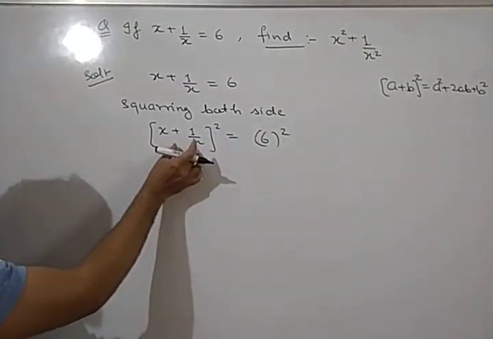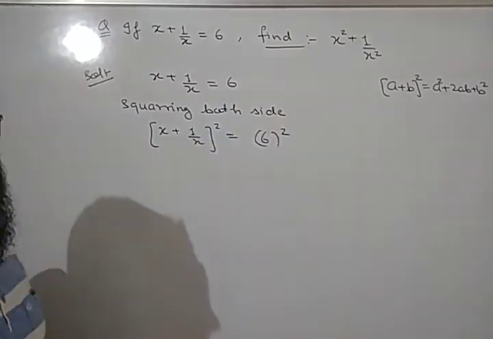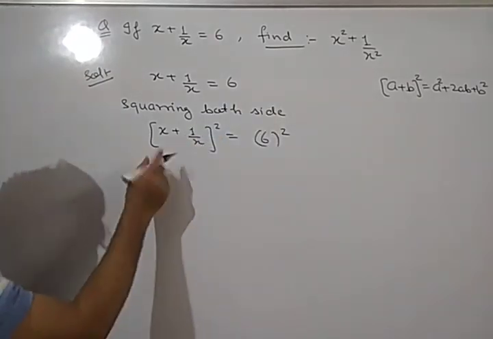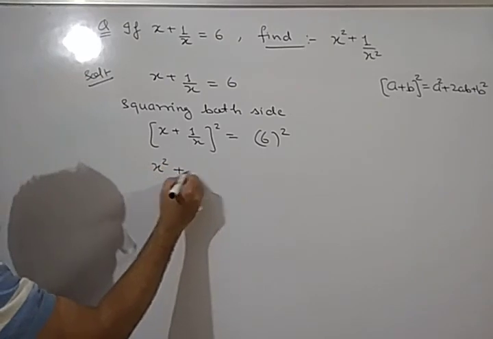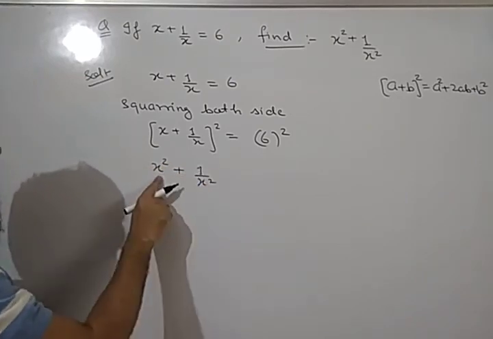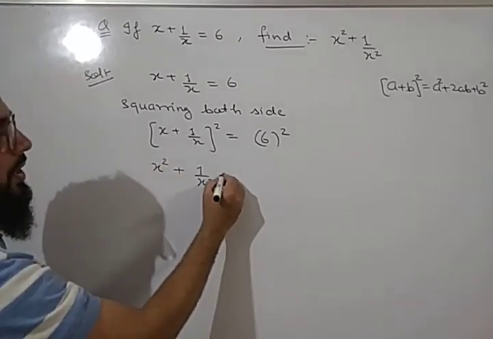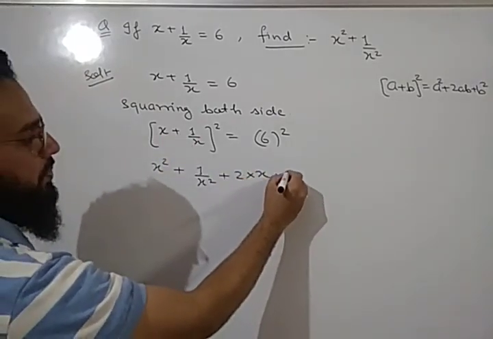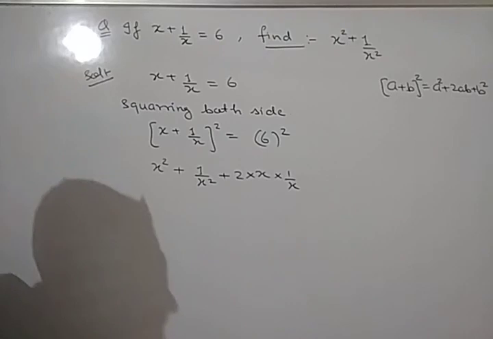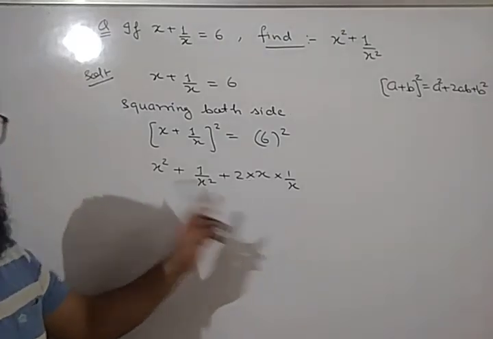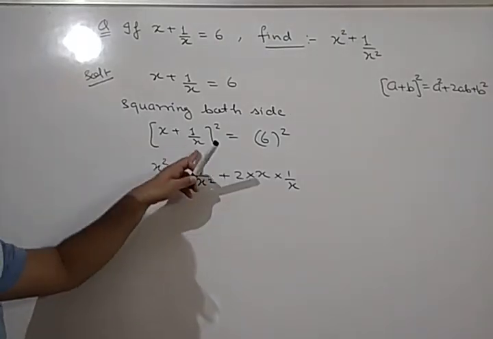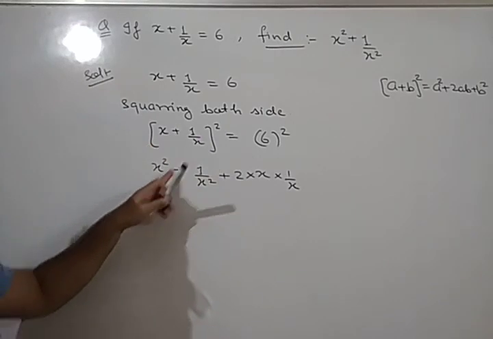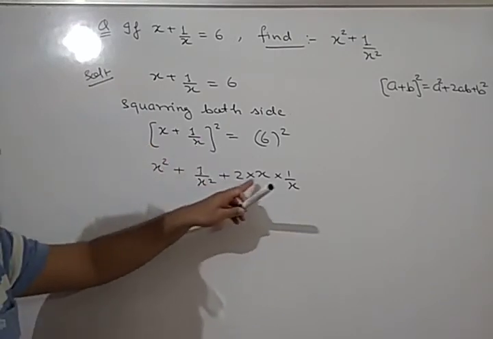Now opening this bracket by the identity a plus b whole square, we will get x square plus 1 upon x square plus 2ab. What is a? It is x, and in place of b it is 1 upon x. If you know the identity, you can solve it very easily. So it is a square plus b square plus 2ab.